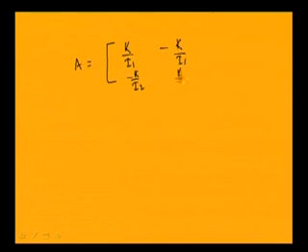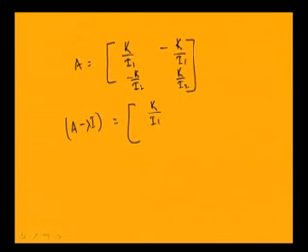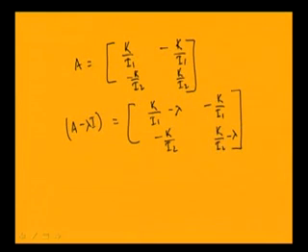If you want to write the A minus lambda I matrix, A minus lambda I will be equal to K by I1 minus lambda, minus K by I1, and minus K by I2, K by I2 minus lambda. So the diagonal elements are subtracted by lambda and you get the A minus lambda I matrix.